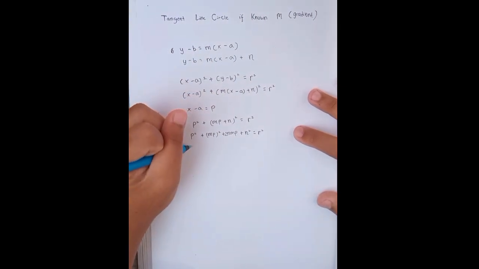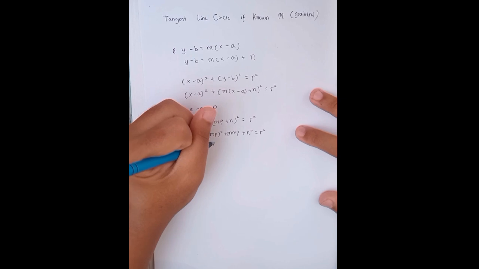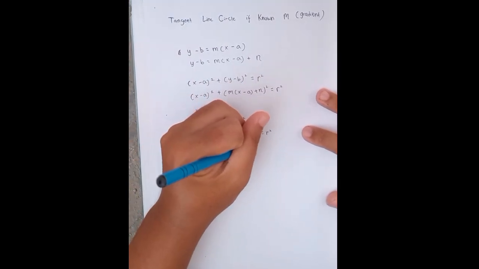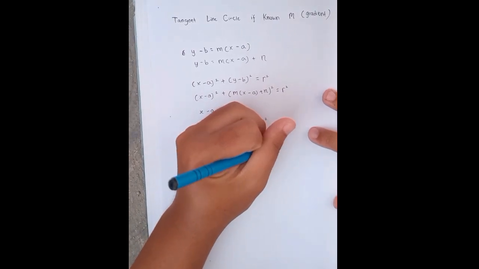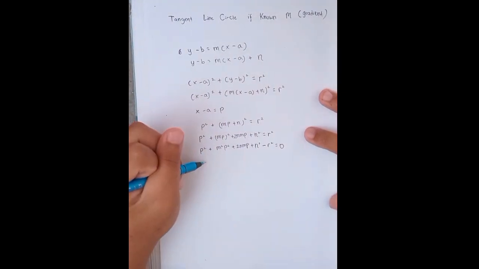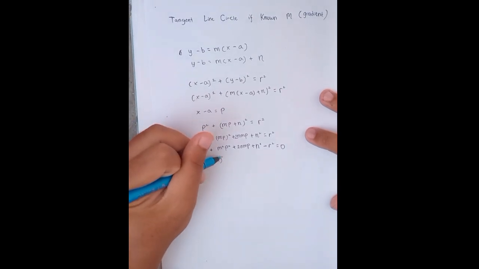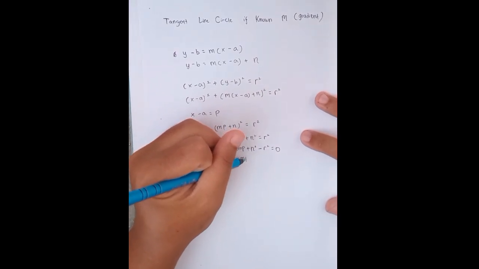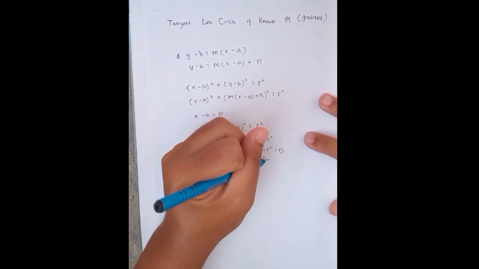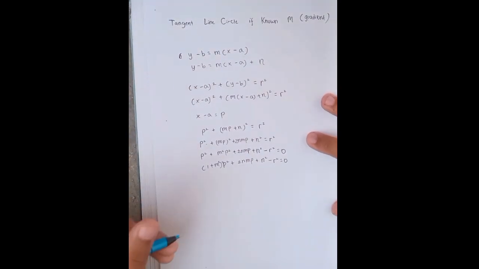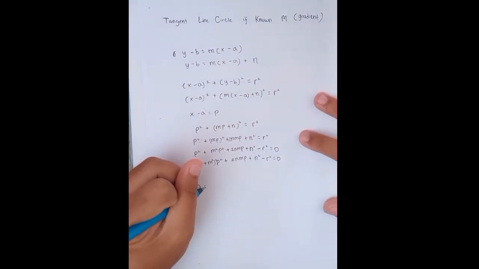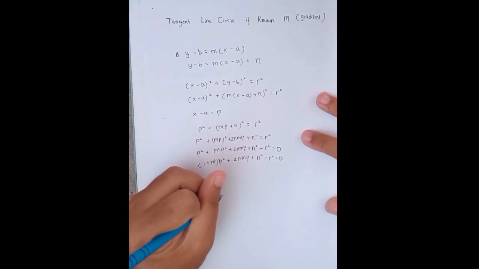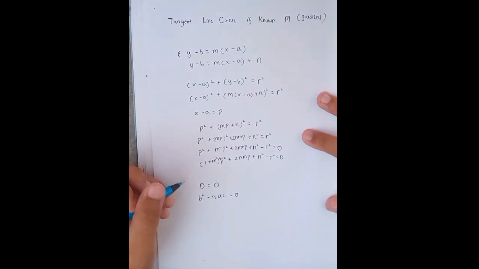Both sides are subtracted by r squared, so that p squared plus m squared p squared plus 2nmp plus n squared minus r squared equals 0. Factor out p squared, so that 1 plus m squared times p squared plus 2mnp plus n squared minus r squared equals 0. The condition for the line to touch a circle is that the discriminant equals 0.